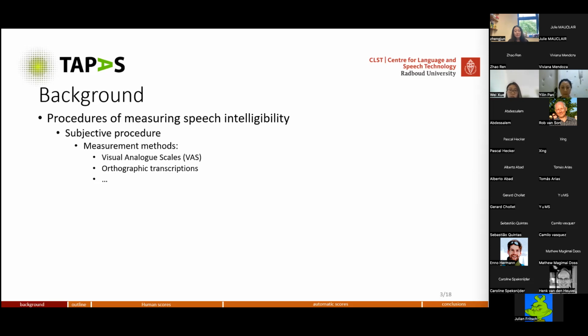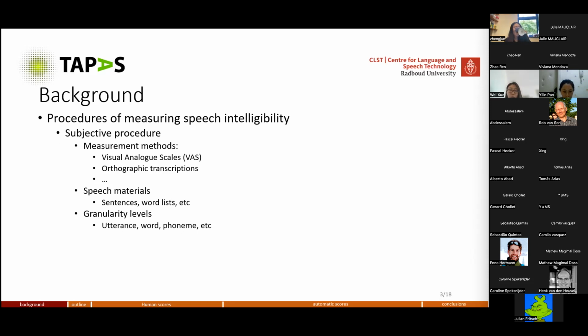In addition, these methods can be applied on recordings of different speech materials, such as sentences, words, passages or phonemes, graphemes, etc. And then the intelligibility can be studied at different granularity levels, depending on the unit of study, such as if you focus on utterance or word or phoneme level, you study intelligibility at that level.